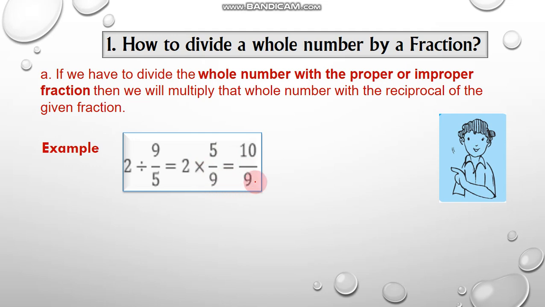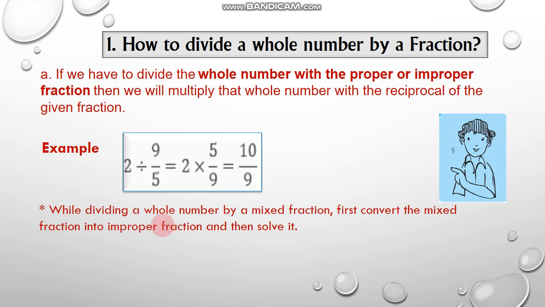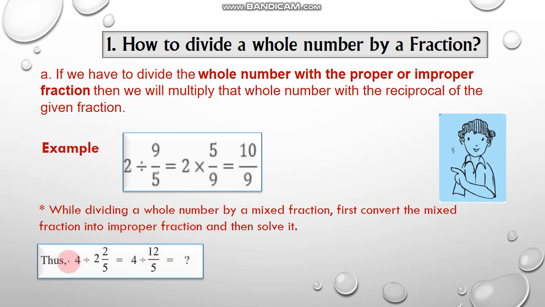Now let us understand what if we divide a whole number by a mixed number. See here, for example, this whole number is divided by a mixed number. So first step is to convert this mixed fraction to the improper fraction.